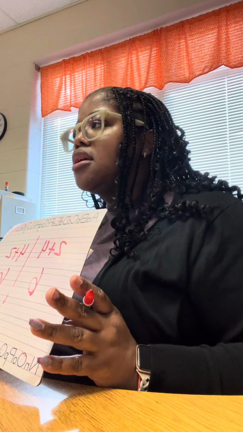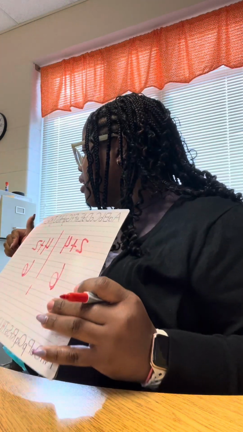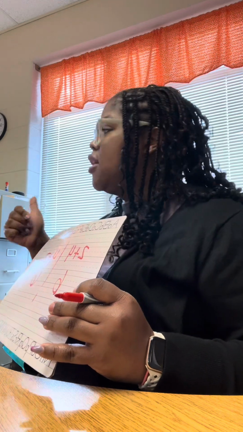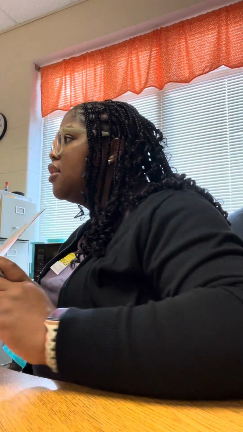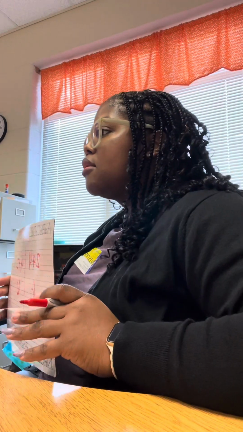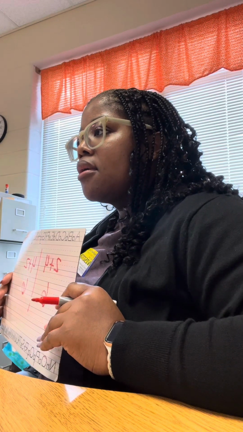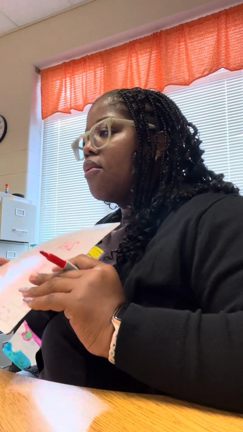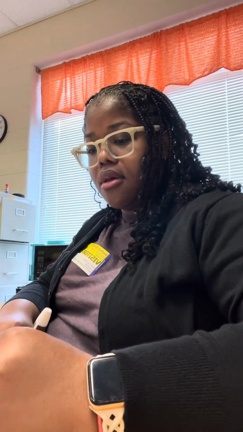Out of all the strategies that we used today, which ones did we use? We did our hands, fingers. Did we draw something? London, what did we draw? Draw the hand. Yep, we drew the hand. Malachi, what else did we draw? Yeah, the circle.